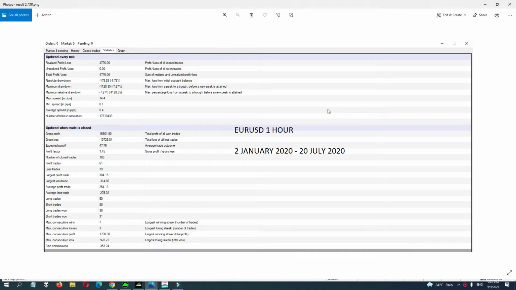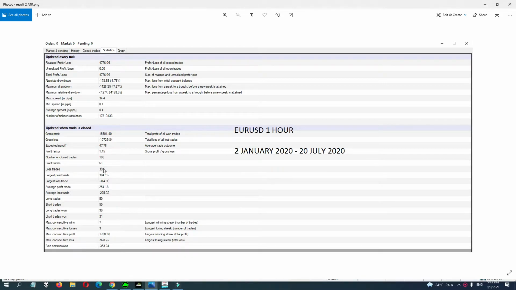Okay, so this is the result of 100 tests. It's a EUR/USD 1 hour chart from 2 January 2020 until 20 July 2020. In 100 trades, we won 61 trades and had 39 losses.